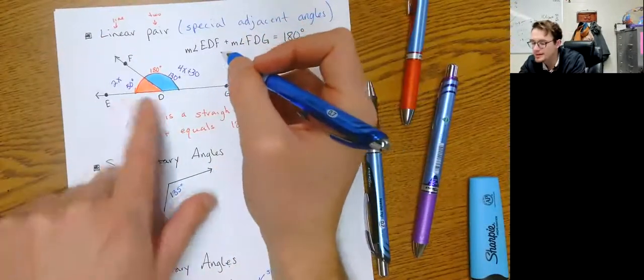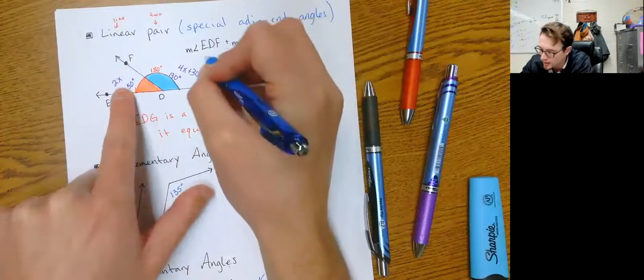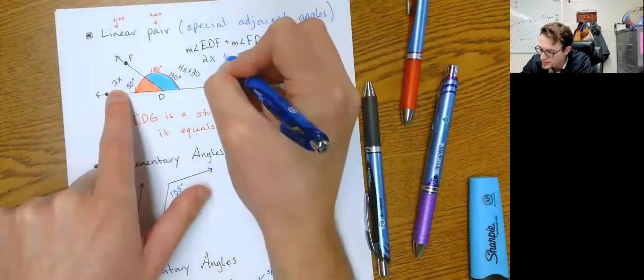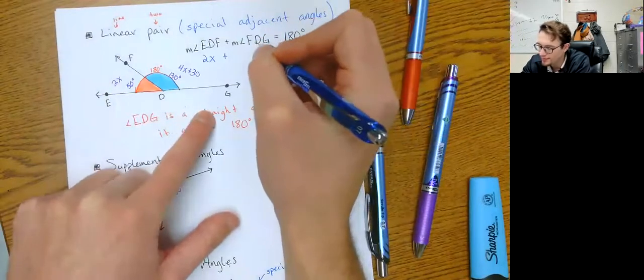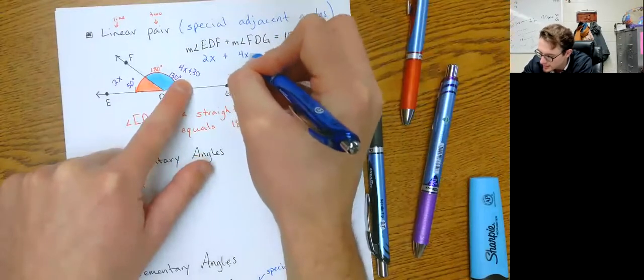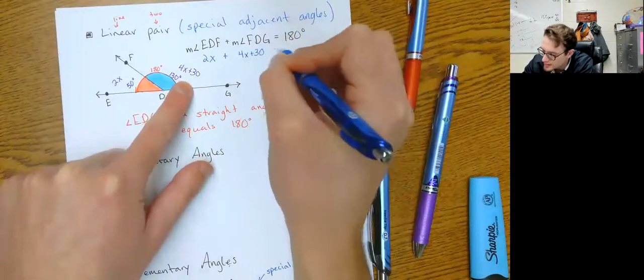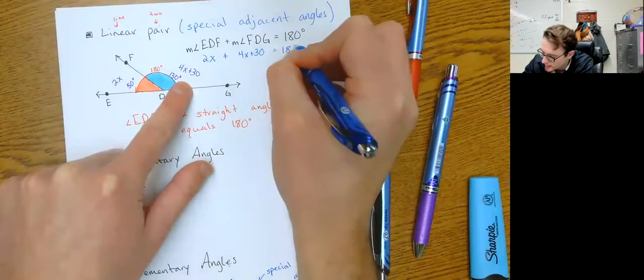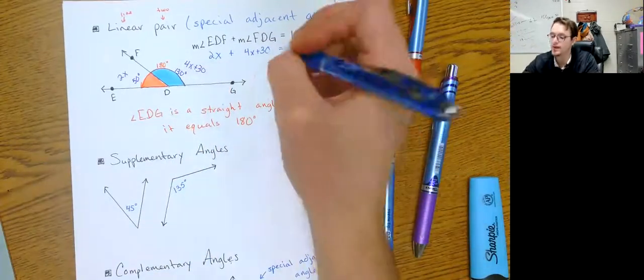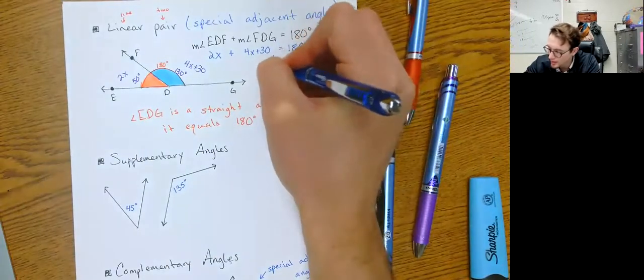Knowing EDF is 2x, I can say 2x plus FDG, which is 4x plus 30, and this all equals 180. Now I have an equation which I can use to solve for x. So then I would solve for x.